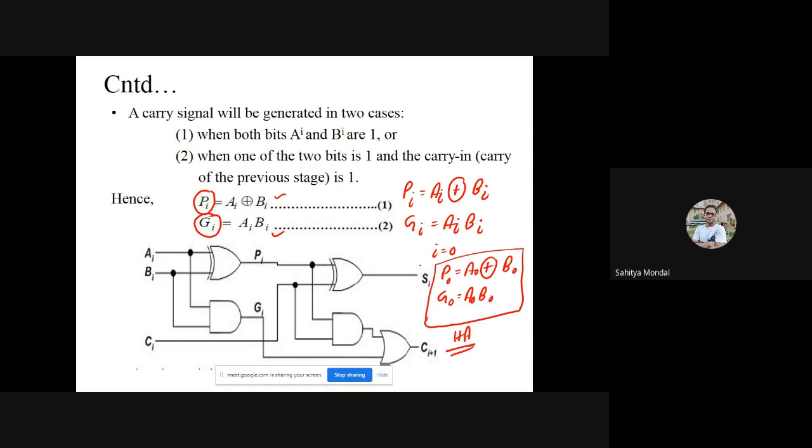Now from this information, we can also calculate P1 and G1. What is P1? A1 XOR B1. What is G1? A1 AND B1. This is the Pi and Gi.